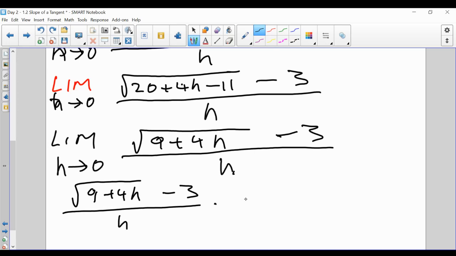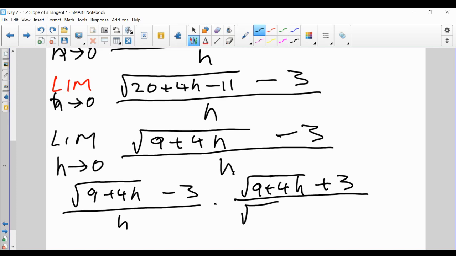I'm going to multiply that by the conjugate of the numerator, which is the square root of 9 plus 4h plus 3. But of course, I have to do that at the top and at the bottom. So the square root of 9 plus 4h plus 3 on the bottom as well. That's the conjugate. Thank you, Cauchy. You're absolutely right.